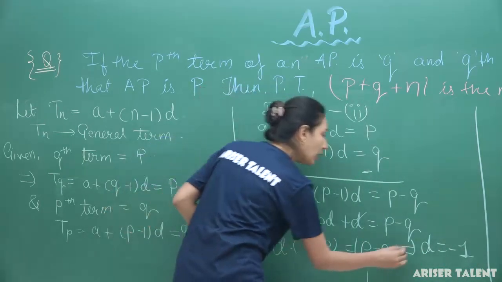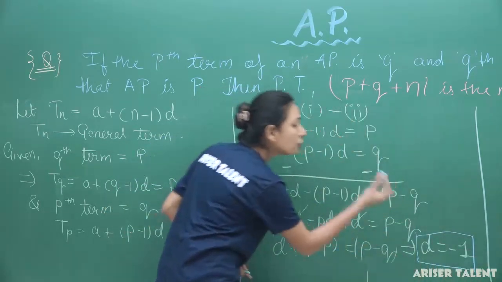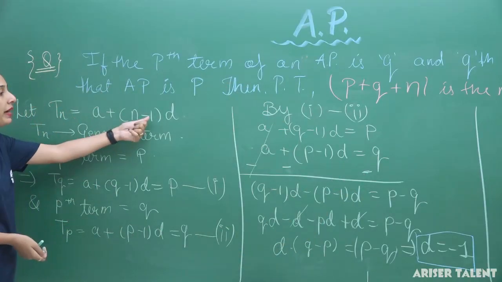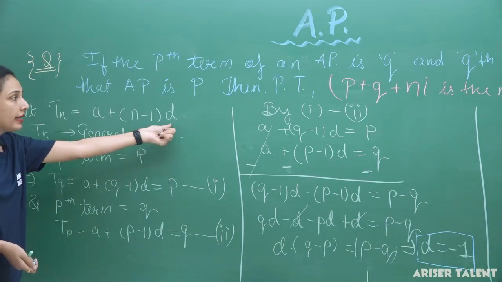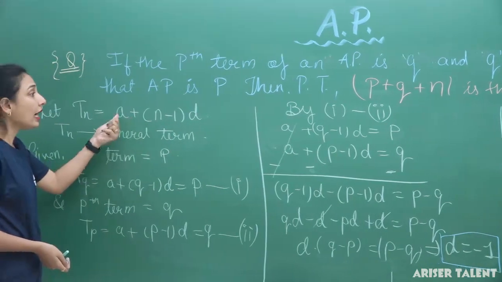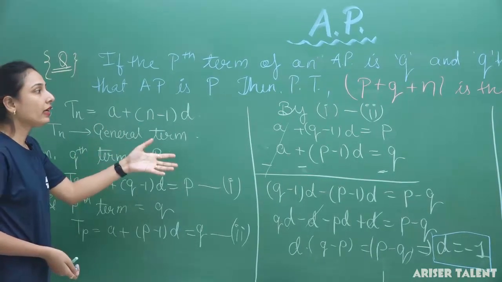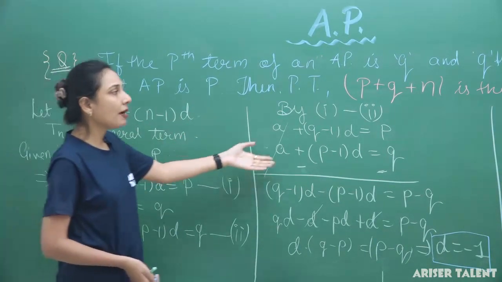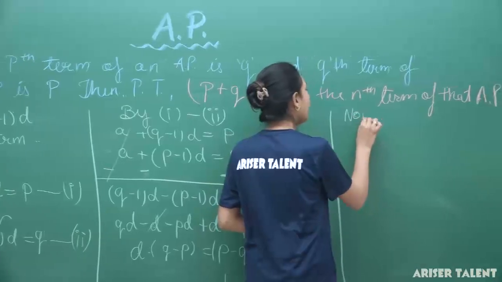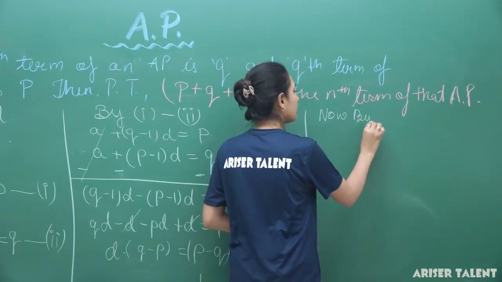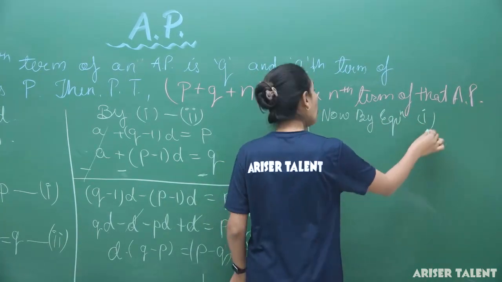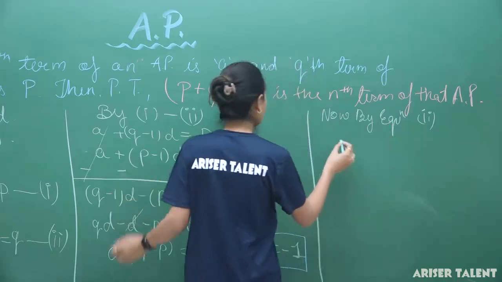So we have the value of D equals minus 1, and this is good news because we have to solve A plus (N minus 1) D. What are we remaining with? A. So just pick any equation; I am picking the second equation.